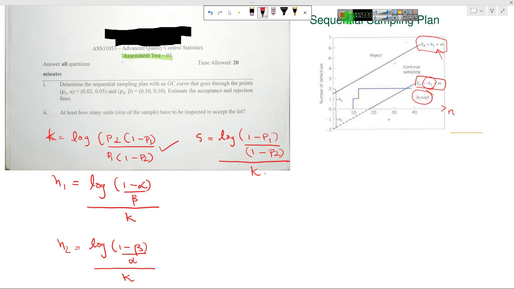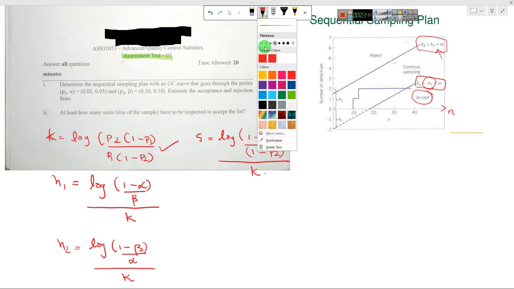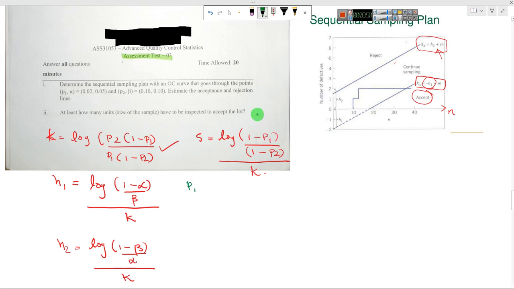From the coordinate points we can extract the information: p1 is equal to 0.02, alpha is equal to 0.05, p2 is equal to 0.1 and beta is equal to 0.1. First you should extract these four parameters, then we can substitute the values in the equations that we have studied.